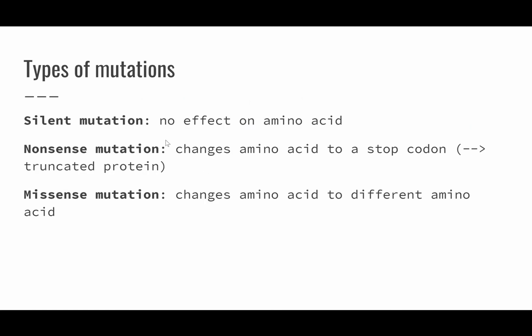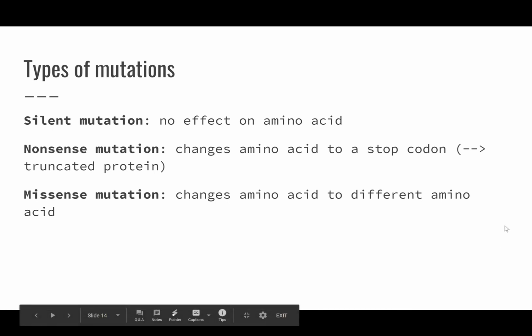All right, and here's just my explanation of those types of mutations written out. Silent mutation has no effect. The nonsense mutation changes the amino acid to a stop codon, which truncates the protein. Truncates means to cut short. And then missense is a change in the amino acid to a different amino acid.